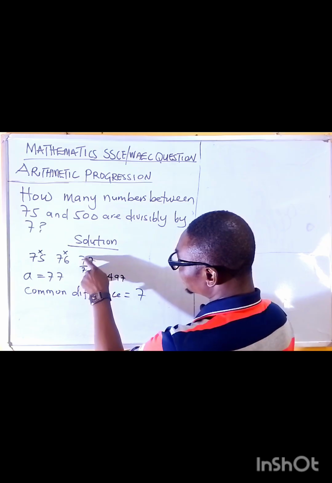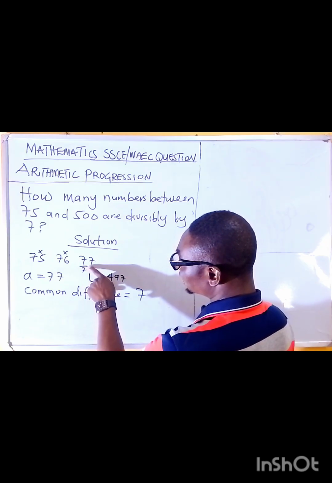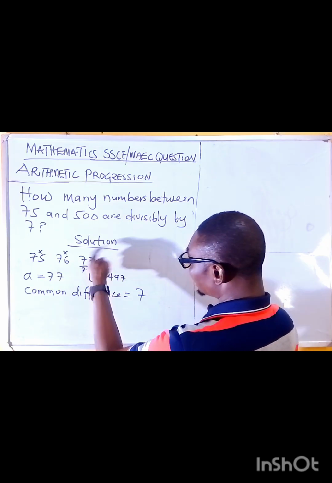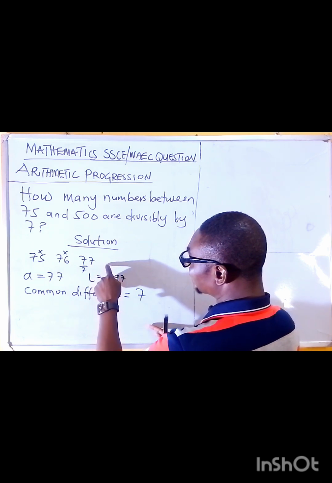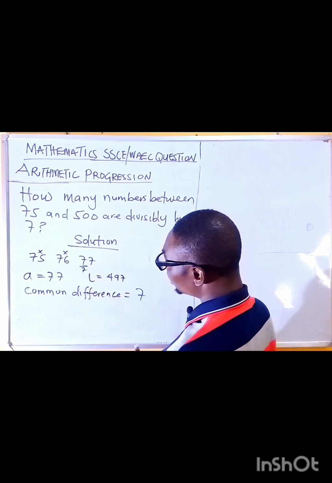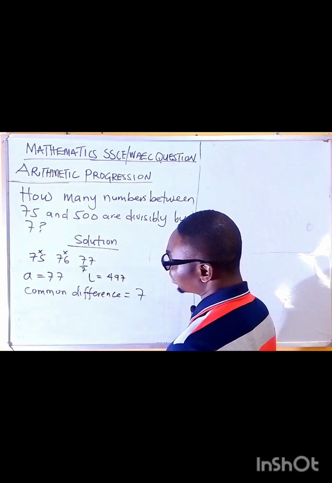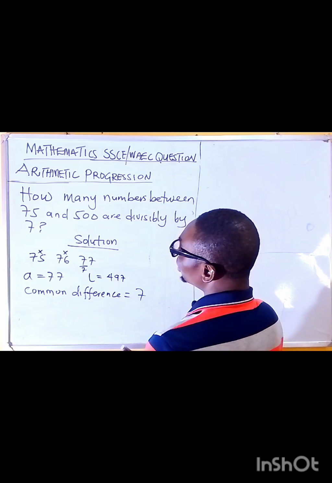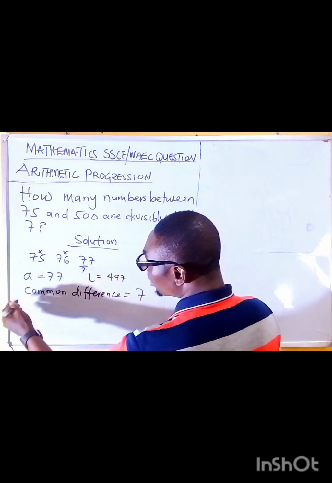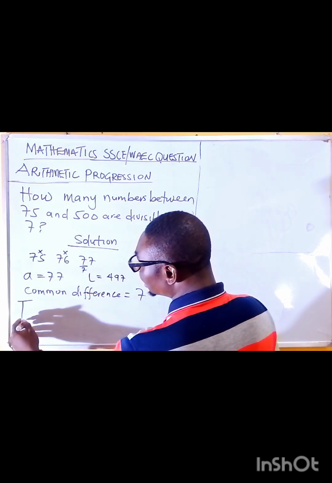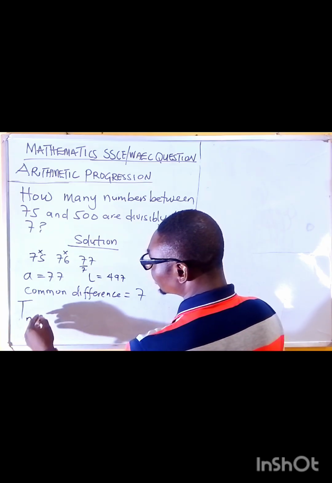Now, this is the first term, 77, which is divisible by 7. The next number, if I add 7 to it, I'm going to have 84. And it's also divisible by 7.